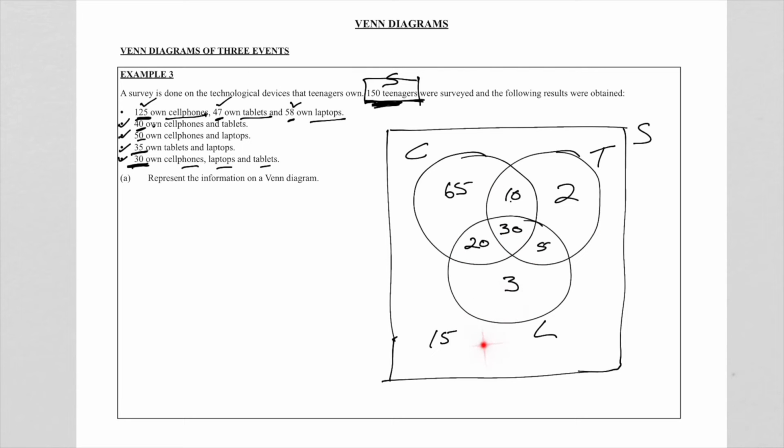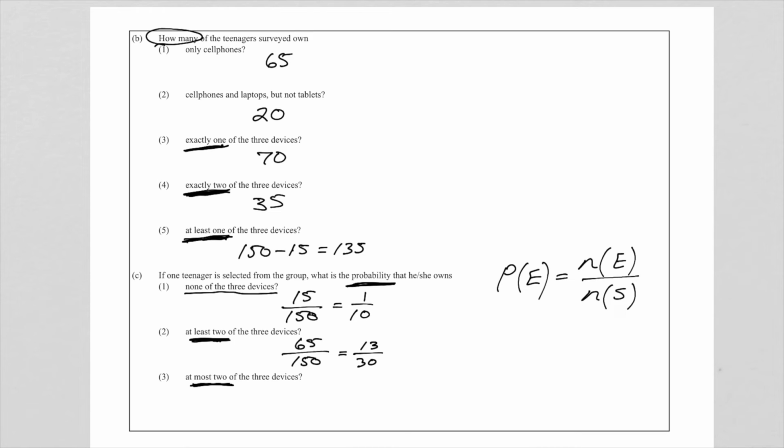Now, everything inside here adds up to 150. That you will remember. But we don't want that 30 because those 30 own 3 devices. So I hope you agree, and you can double check. They will add up to 120 then. So our answer for this one is 120 over my sample space of 150.